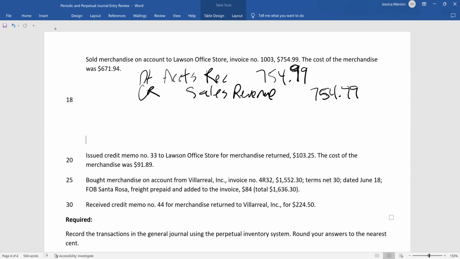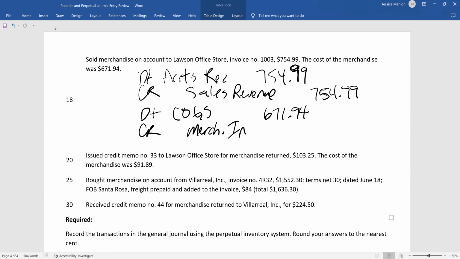And then to record the cost, we debit cost of goods sold $671.94, credit merchandise inventory $671.94. Is what that one would look like.